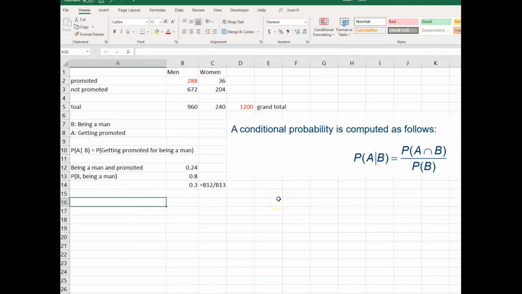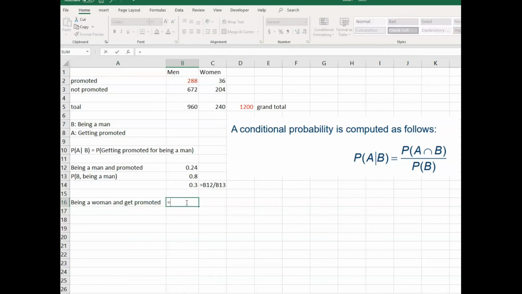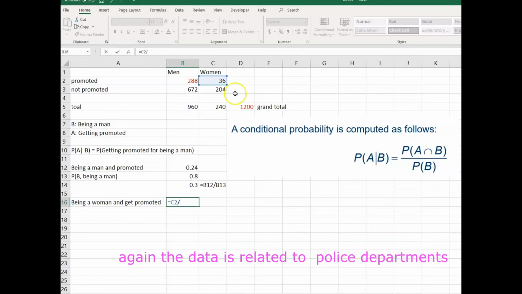Similarly, we can look at being a woman and getting promoted. Exact same things. The numerator is how many women promoted divided by total. So this is about 3%. The next one is the proportion of women.